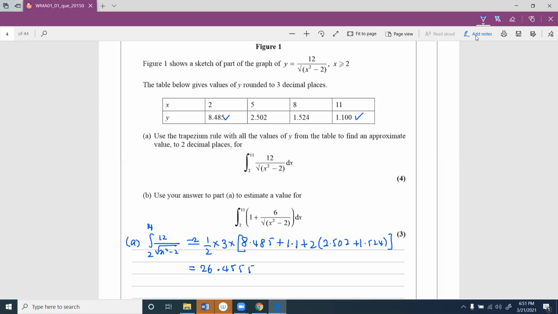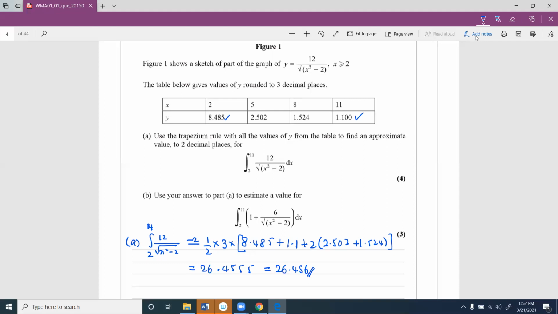They need the answer to 3 decimal places. Therefore, the answer is 26.456. Then, how do you verify whether our answer is correct? You use your calculator. This is just a rough idea of how to do it. Do this integration on the calculator and see whether you get a value close to the figure we obtained over here.